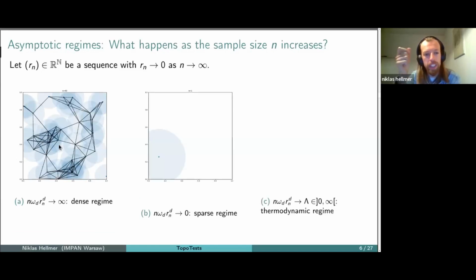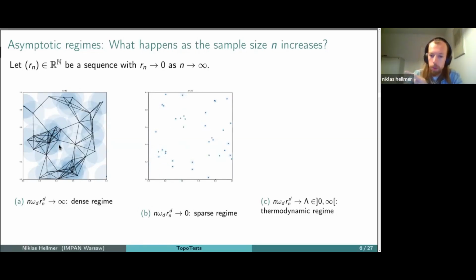So you need to shrink the radius as you increase the sample size. But on the other hand, you should not shrink your radius too quickly, because then there are almost no intersections of balls. There are almost no edges you draw in. And so everything becomes disconnected, and there is not much interesting topology either.